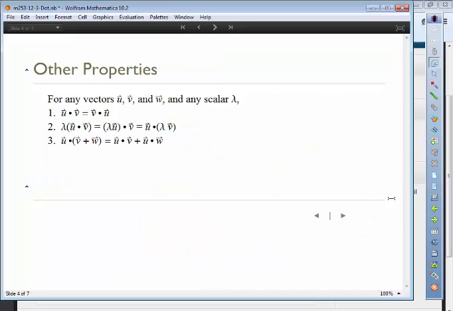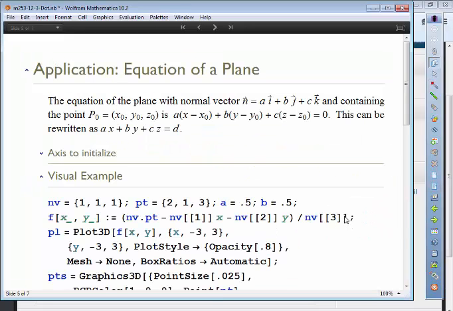I think now we're ready for some applications. And we'll start with an application of defining a plane in 3 dimensions. So this is where you have to try to visualize things.